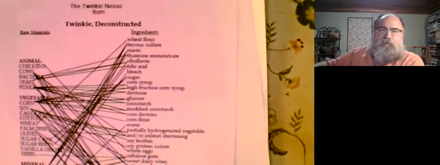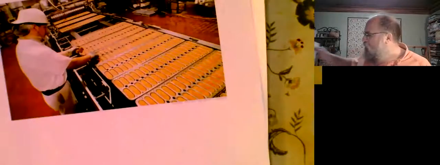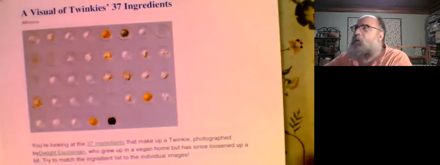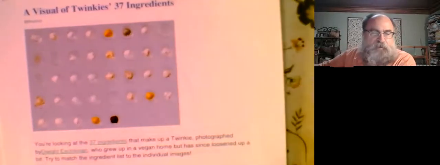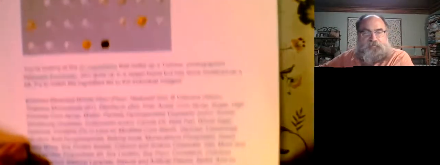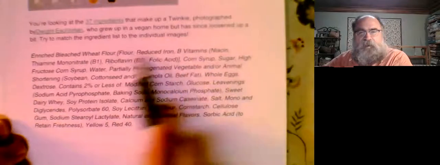But we just see an incredible amount of energy going into the mixing. Well, just finding all these materials, the mixing, the energy. Here's the 37 ingredients that go into making a Twinkie. So down here, there's where they are.